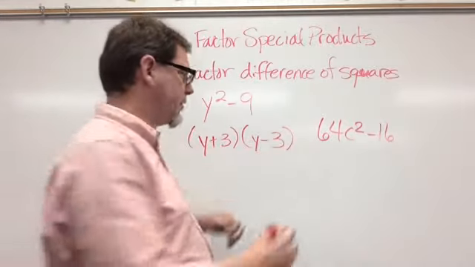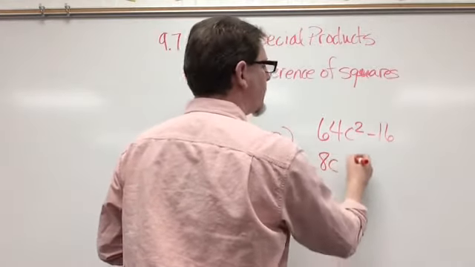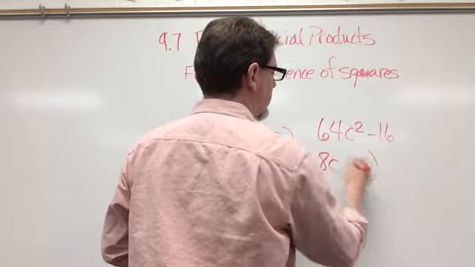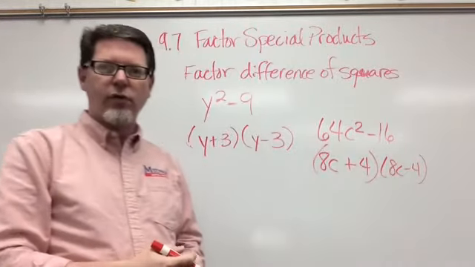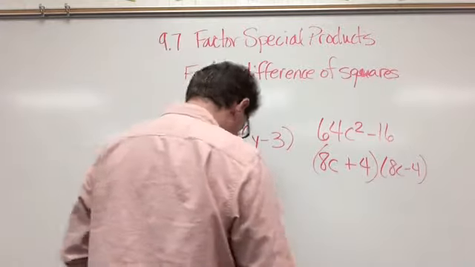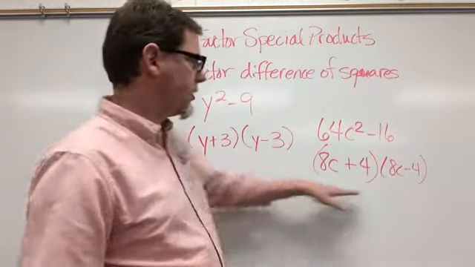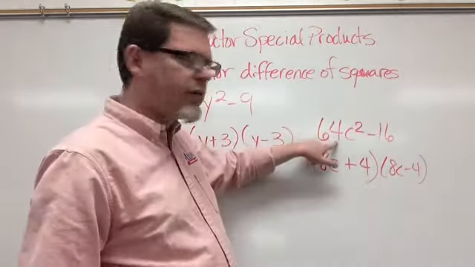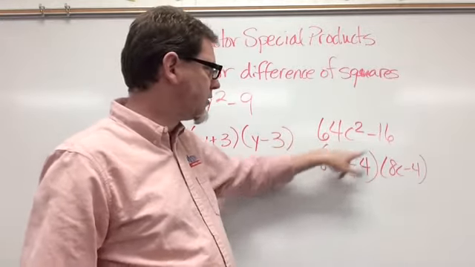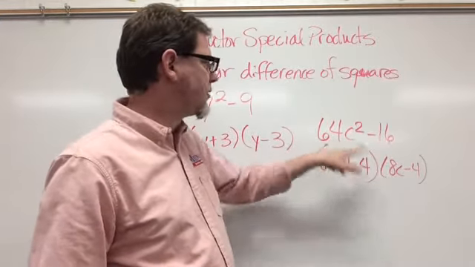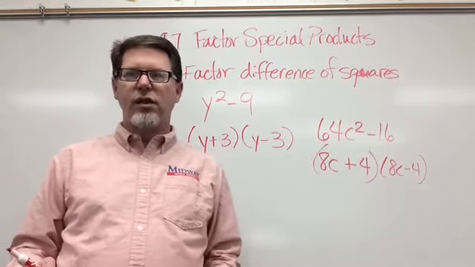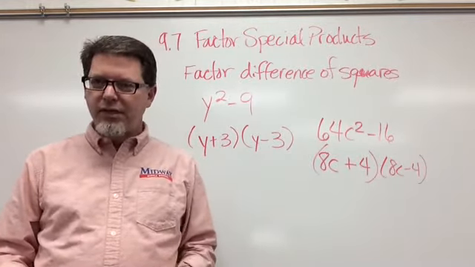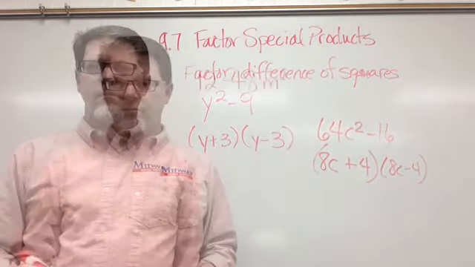So the square root of the first one would be 8c, and the factors are 8c plus 4 and 8c minus 4, which is kind of hanging off the TV, but I'll let you trust that you can see that. Square root of the first term plus the square root of the second term, times the square root of the first term minus the square root of the second term. That's a shortcut for factoring the difference of squares.